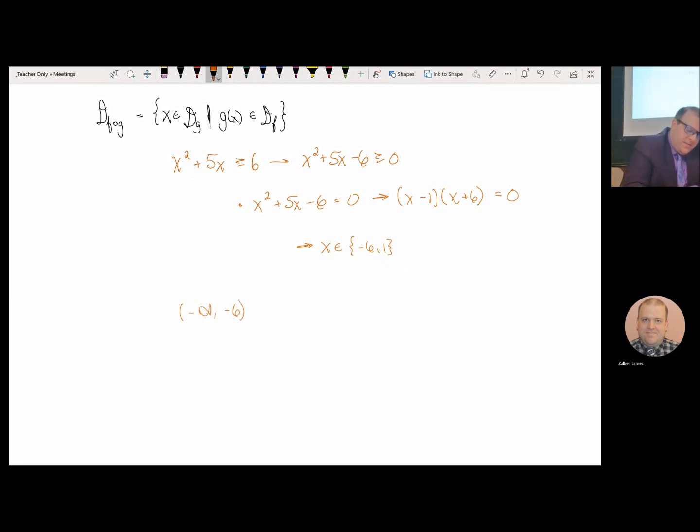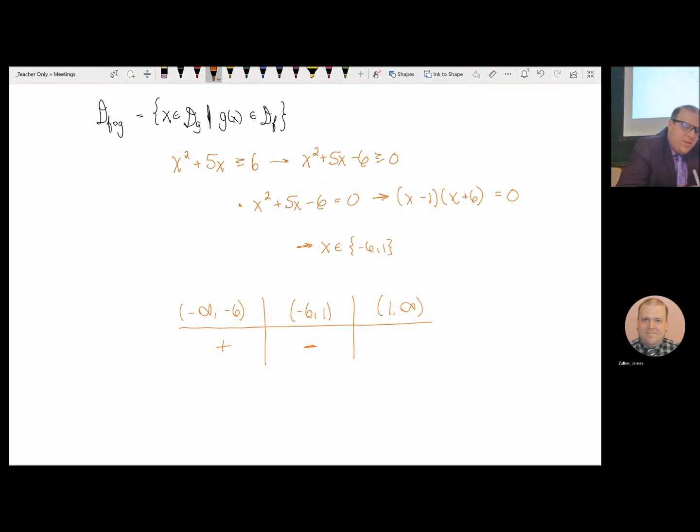Now we just set up our intervals. From -infinity to -6, x squared plus 5x minus 6 is negative times negative, which is positive. -6 to 1, we get negative times positive, which is negative.